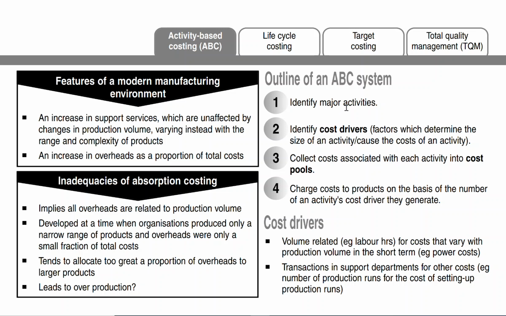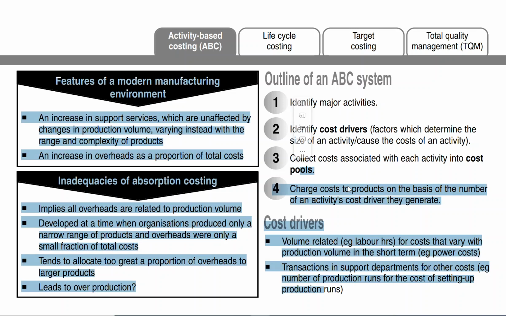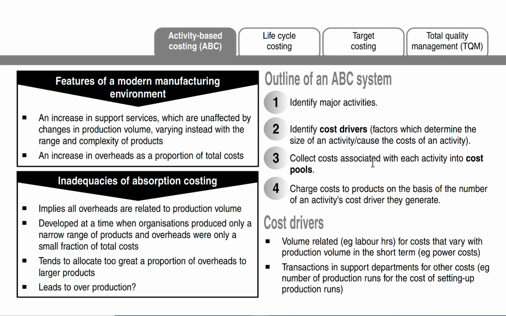And then there's another step they haven't mentioned here. We take the cost pool and we divide it by total cost drivers. For example, we have 1,000 cost of ordering activity, and there are 1,000 orders. So we take 1,000 costs and divide it by 1,000 orders. It will give us the cost per order.